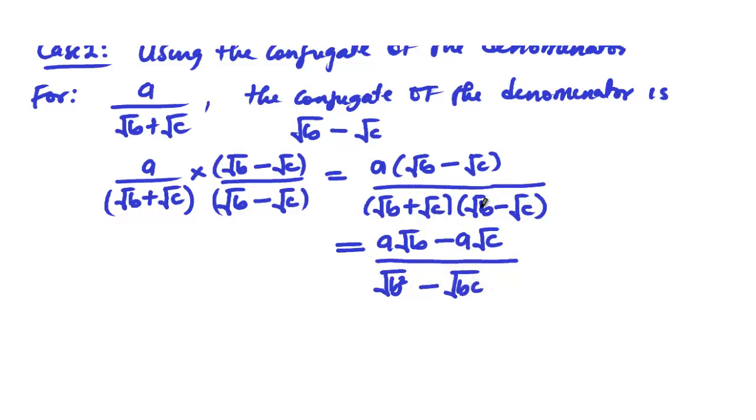Then root c times root b will be plus root bc, so let me extend this. Then root c times minus root c will give us minus root c squared. So minus root bc plus root bc, both of them cancel out.